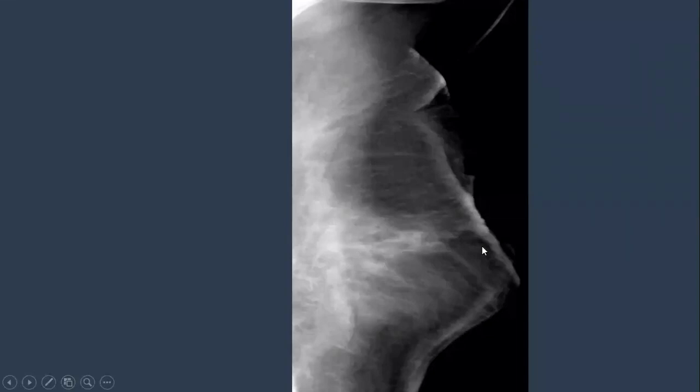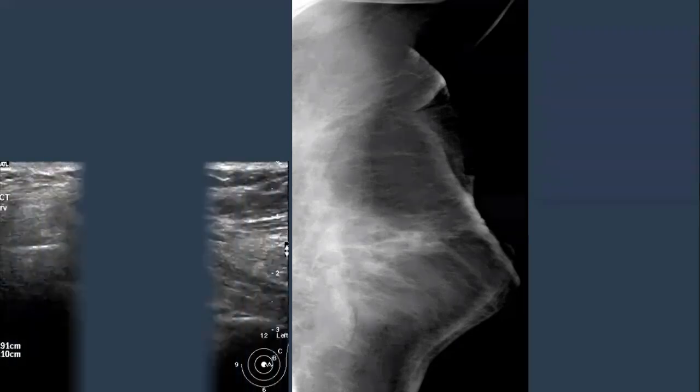What is next? It was a baseline. I don't remember if she has a previous. So we are going to do ultrasound.